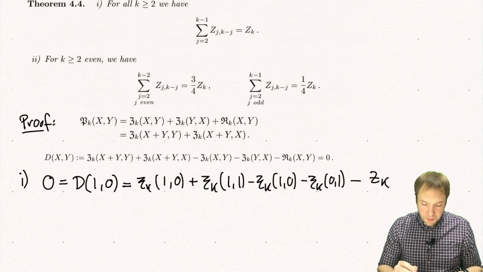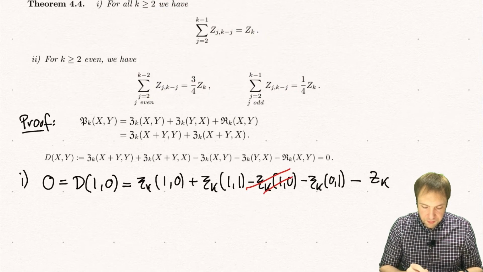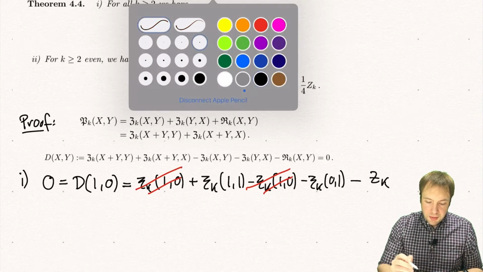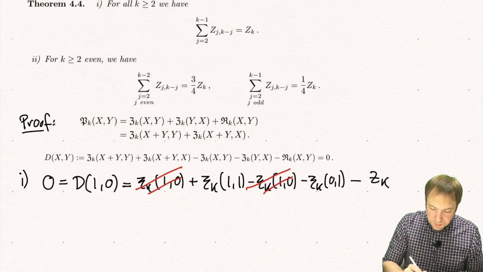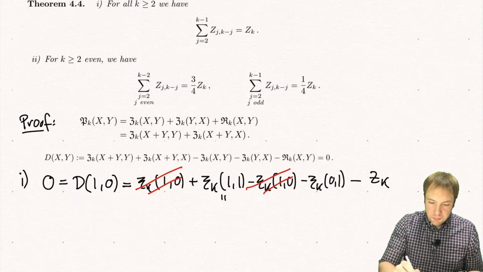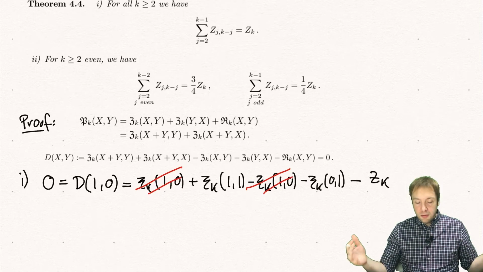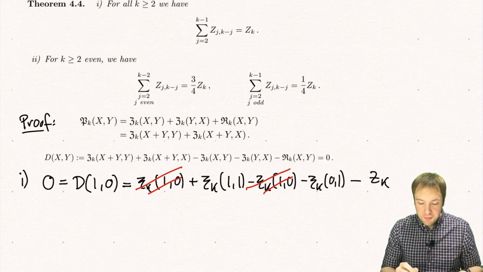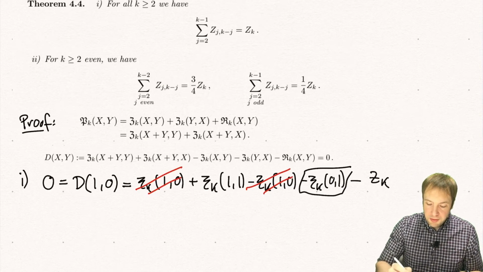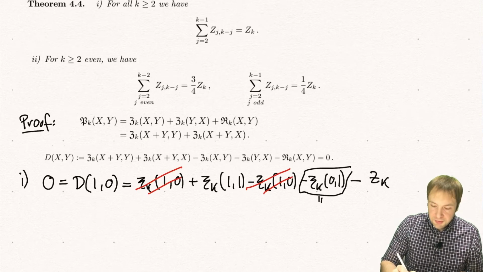And now the first thing we see is that this part here cancels out, and this one here, well, what happens if we plug in 1 1 in the generating series? This just means we take the sum of all double z objects, but we subtract something here, and this part here is exactly z1 k minus 1.